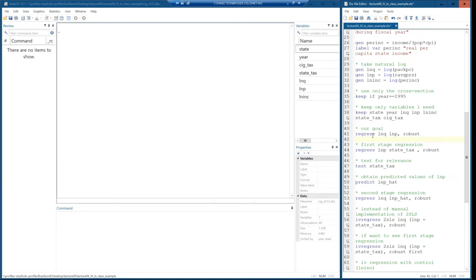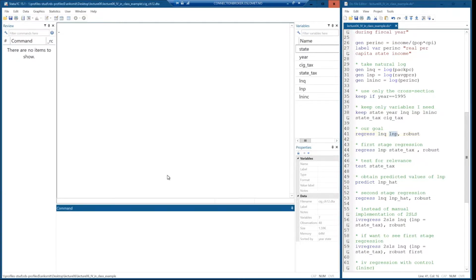In this video, we would like to model the change in quantity by using the change in price. So we have the logarithmic transform of quantity and the log transform of price. And what we do is we try to regress the LNQ, the log quantity, on log price, and we would like to have heteroscedasticity robust standard errors.